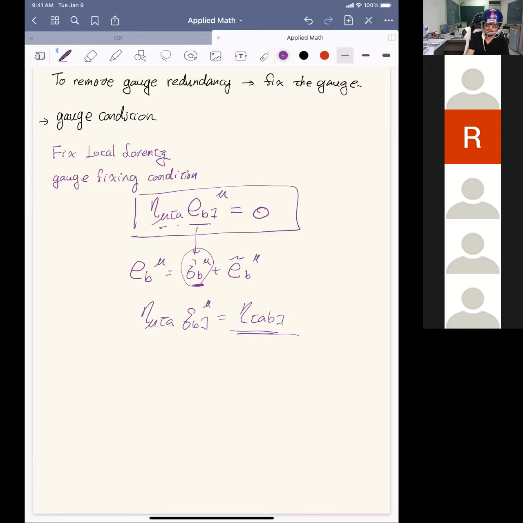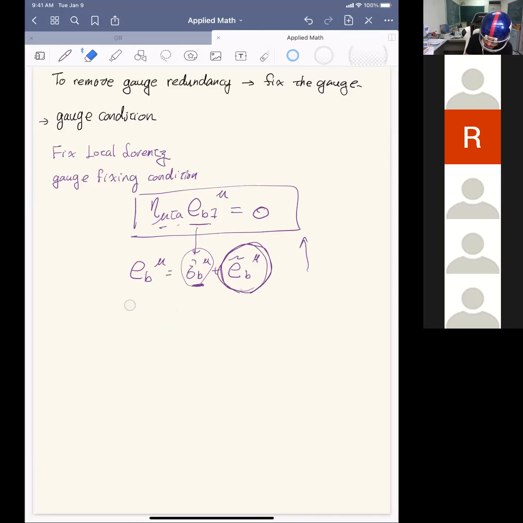It's always symmetric and actually diagonal. So indeed, in the flat space part, this is really 0. So that's why this is a natural gauge condition that you want to impose to constrain the function. Okay, so using this gauge condition, we can now remove local Lorentz transformation.